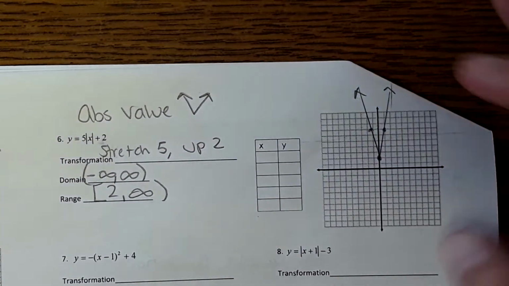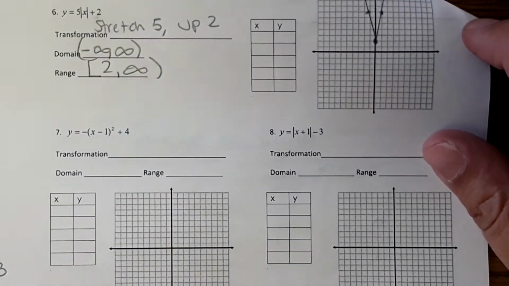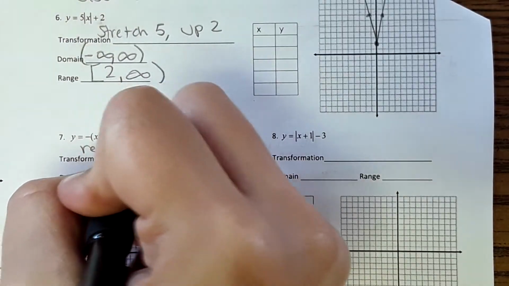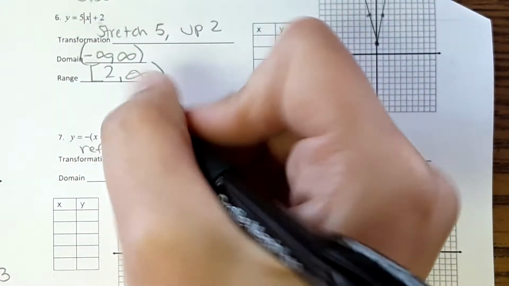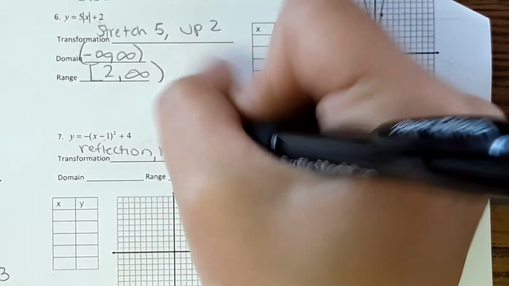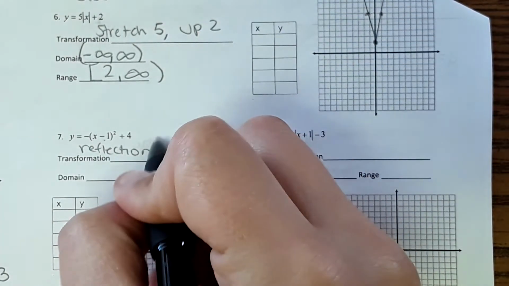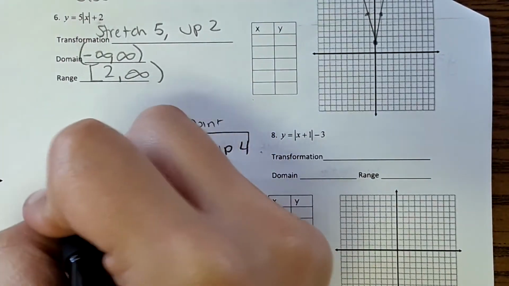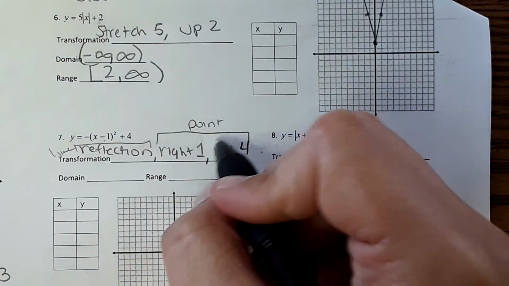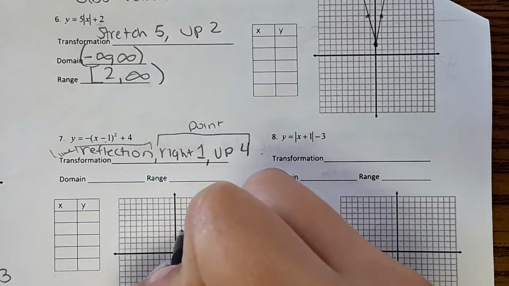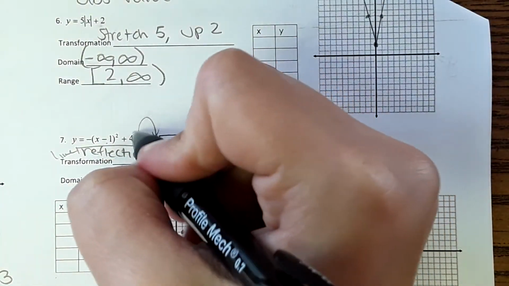Next, quadratic. It's got the reflection, that negative coefficient. The -1 means right 1, and +4 means up 4. So this has to do with the original point, and this has to do with a line. So original point is right 1, up 4. For this, it's going to be going down because it does have that negative.